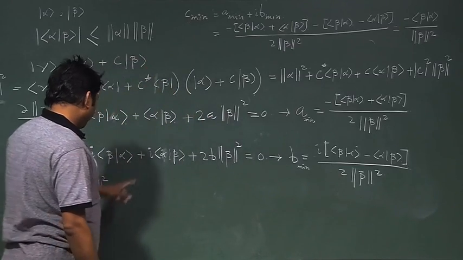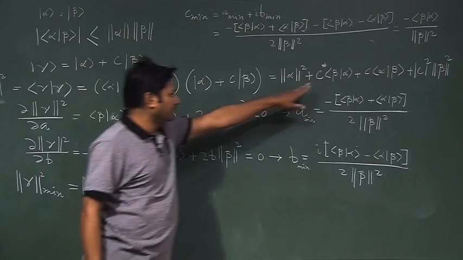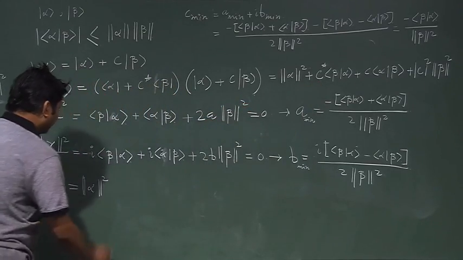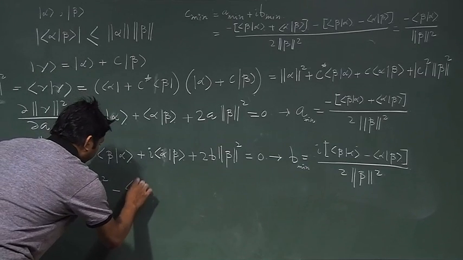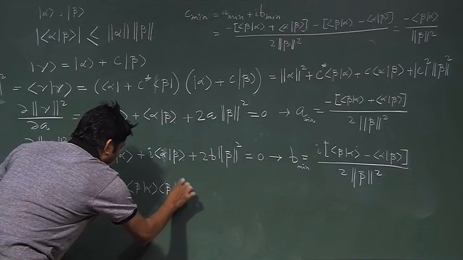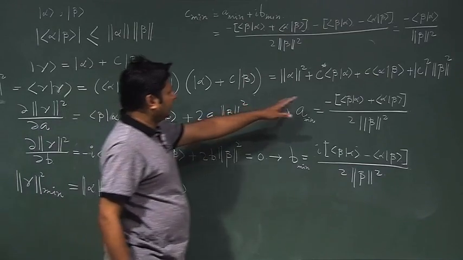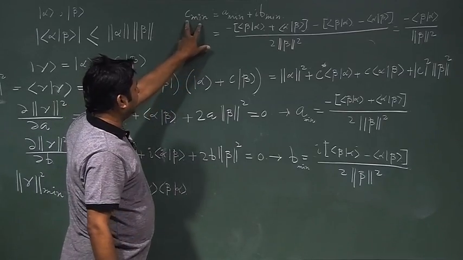When I put this C minimum here in this equation, then I need to multiply that. So, this will be minus of beta alpha multiplied by beta alpha, because already one beta alpha term is here. By the way, I need to make a star here.